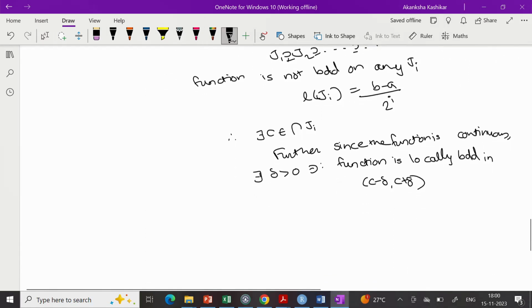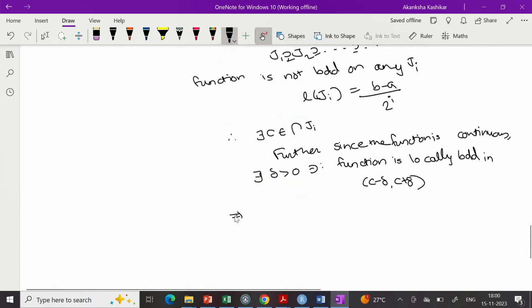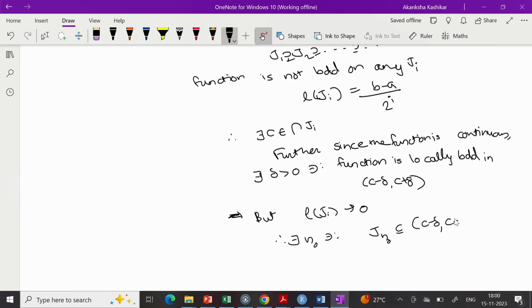Okay, but the length of Ji is going to 0 because it is (b minus a) upon 2 raised to i. Therefore, there exists n0 such that J_n0 is a subset of (c minus delta, c plus delta), because c minus delta to c plus delta has length 2 delta. So I can choose an interval which has length less than 2 delta because the length is anyway going to 0. Okay, so this would imply the function is bounded on J_n0.